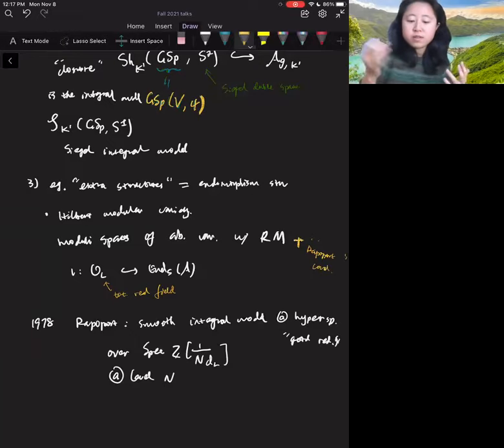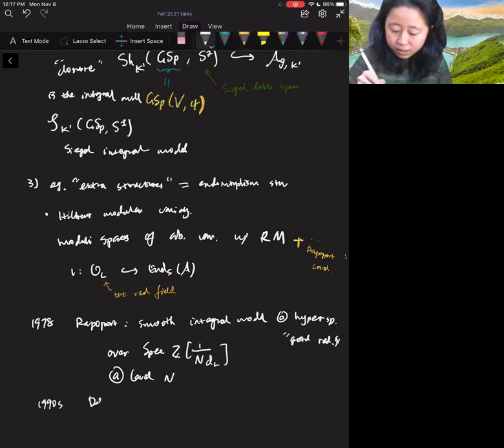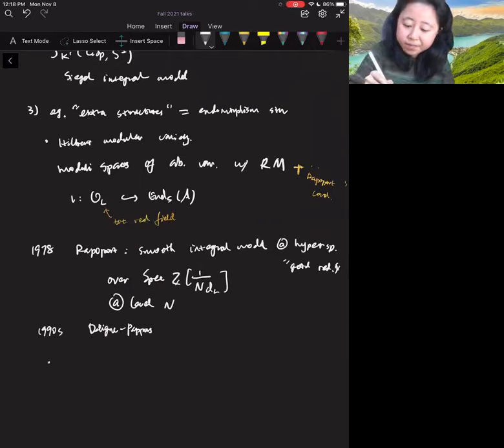These are certain conditions on the Lie algebra of your abelian scheme and how it interacts with your endomorphism structure. And later on, I think it was in the 90s, Deligne and Pappas studied the integral models for these Hilbert modular varieties in the bad reduction case, so at parahoric level. More generally, we can consider what's called a general PEL type Shimura variety.